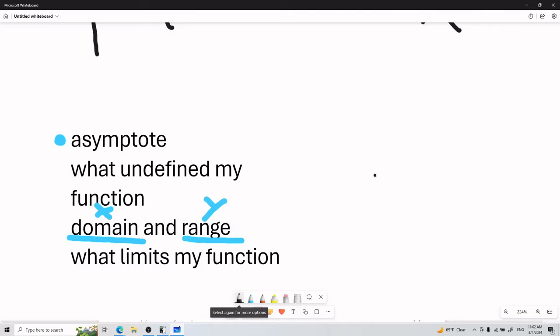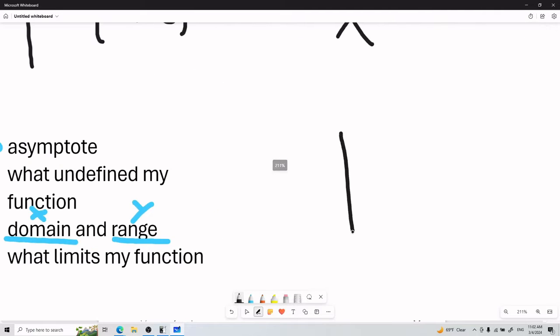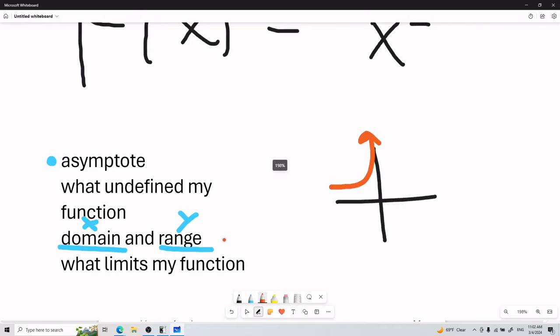So for example, if I have, let's say, something that looks like this, okay? Just whatever, I don't know. And we can do something like this, okay? So if I have a function that looks like this, and over here we have, I don't know, 1, ¿cierto? That is a 1.